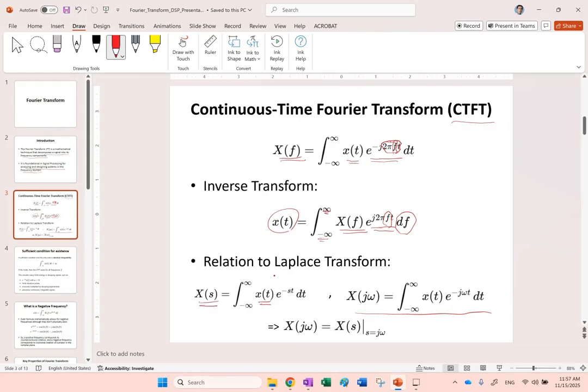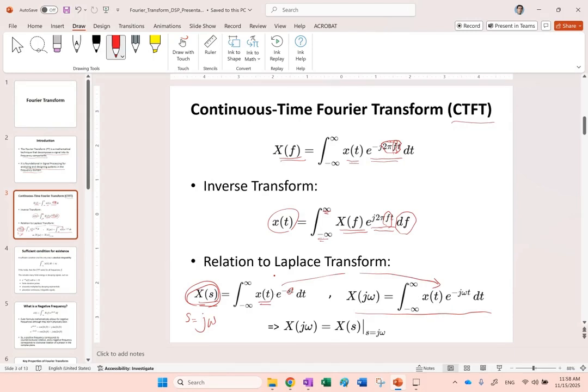And if you remember, if you watched my videos under the playlist controls, when we wanted to analyze the system in the frequency domain, what we did was, in the Laplace transfer functions that we had, we replaced s by j omega. And that is exactly what we're going to do here. Look, if I replace this s by j omega, you are exactly going to get the Fourier transform.